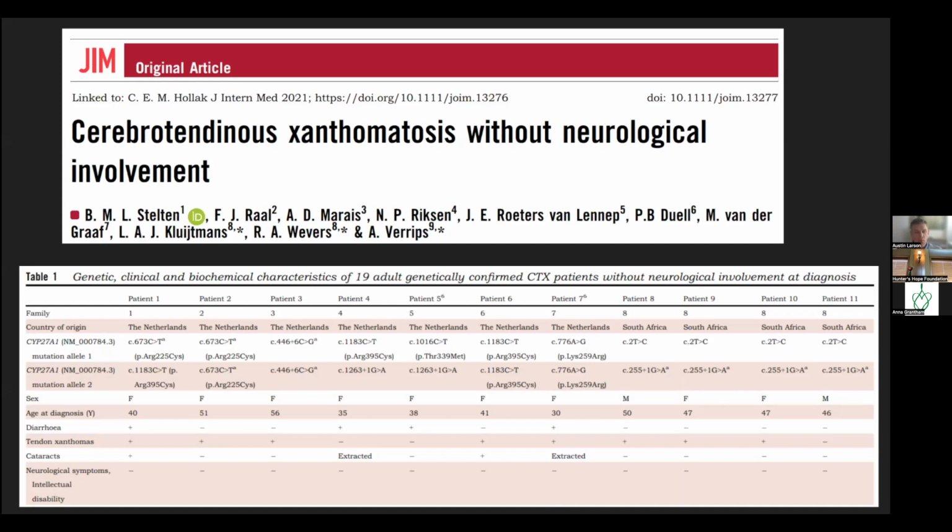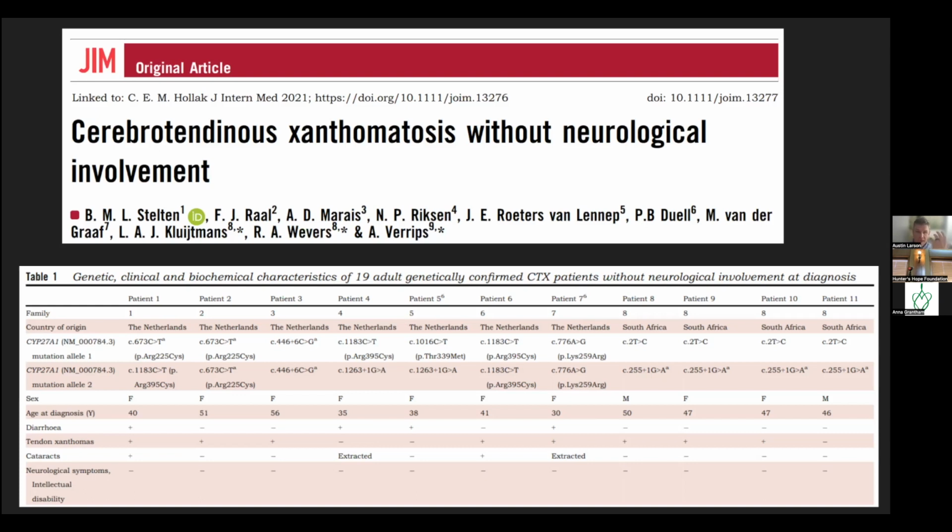However, we are starting to be able to distinguish some different categories of CTX disease. The categorization that we really care about most is the question of, will a patient develop progressive neurologic disease or not?